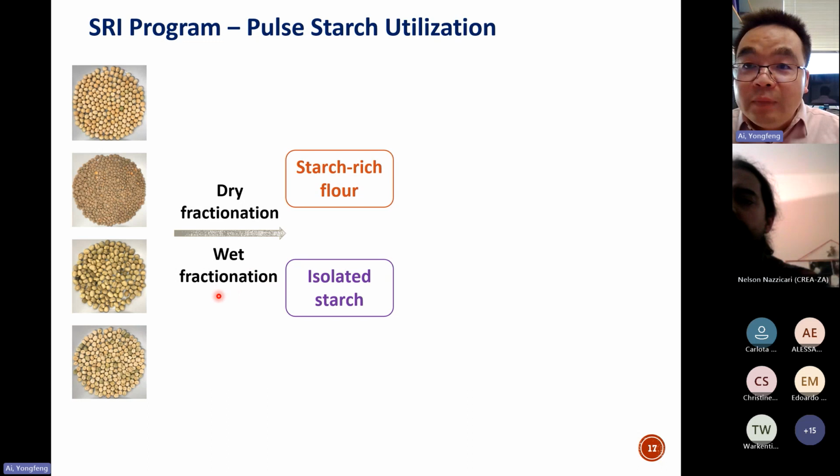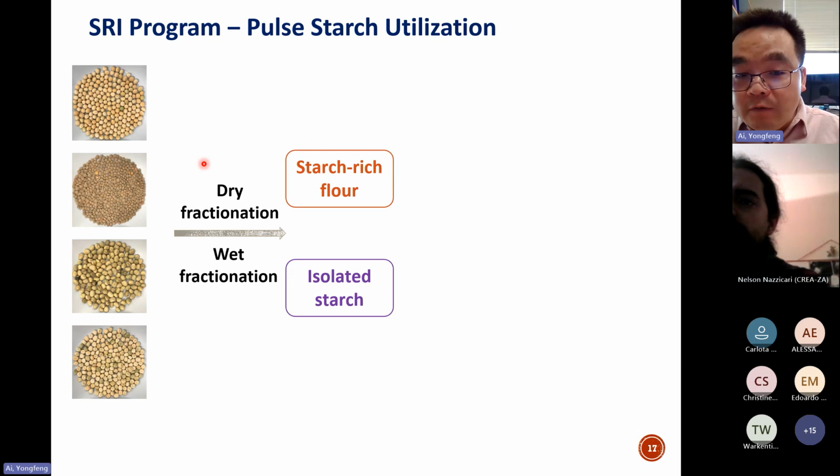Very interestingly, because of the different temperature and pH we use for fractionation, the obtained ingredients show very diverse functional properties and very diverse nutritional value. I think even just through the wet fractionation approach itself, we may be able to generate different ingredients without further modification.